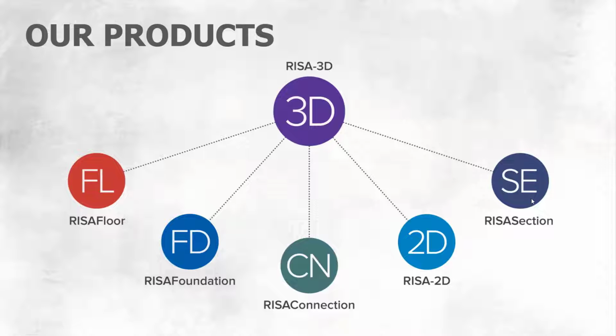RISA section is for very custom section shapes, and if you want to import those section shapes as DXF files and get those property values, you can then import those custom shape properties into your RISA-3D files. Like I was saying, RISA-3D integrates with RISA-4, RISA Foundation, and also RISA-connection, which we're looking at today. And RISA-2D is the 2D version of RISA-3D, where we're looking at 2D frames and modeling.